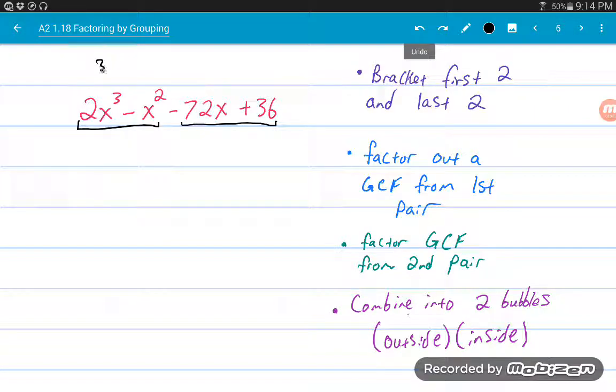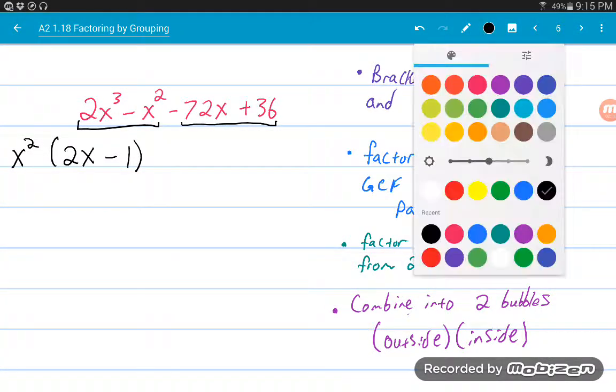Well, this guy right here has 3 x's, and this guy right here has 2 x's. So I think I can safely take 2 x's out. So I'm going to pull an x squared out from both of these. What's going to leave me with is 2x minus 1.